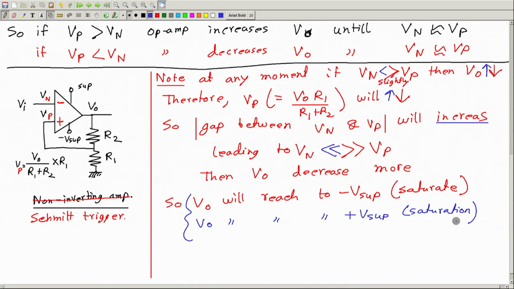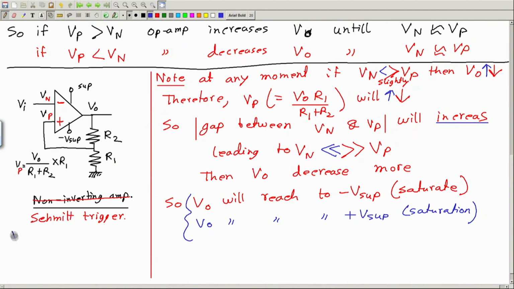Okay, so when you say read this note, read all the red colored things together, or you read all the blue colored things together. Okay. So in this circuit we observe that output will either go to positive saturation or it will go to negative saturation, positive V supply or negative V supply.